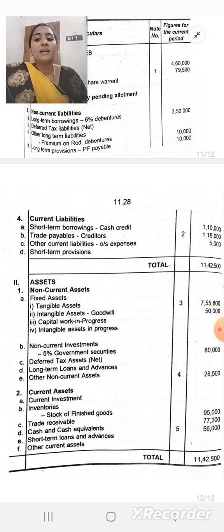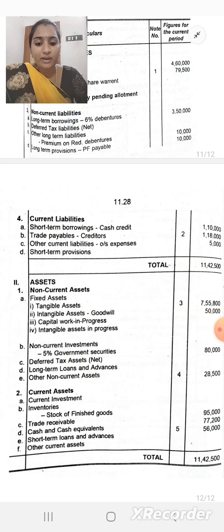Inventories like stock of finished goods, trade receivable, cash and cash equivalents, short-term loans and advances, other current assets. There we saw long-term loans and advances; here we are going to see only short-term loans and advances and other current assets.